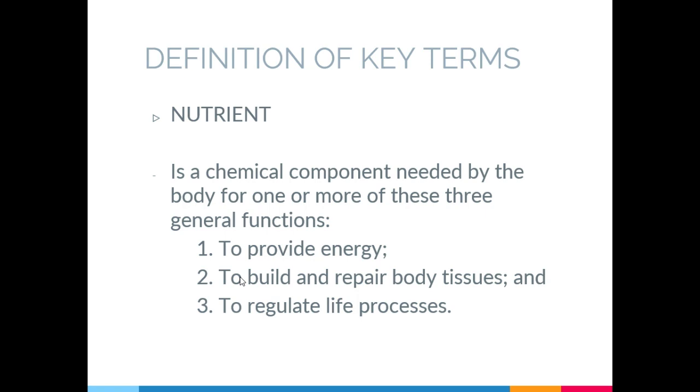What about nutrients? A nutrient is a chemical component needed by the body for one or more of these three general functions: to provide energy, to build and repair body tissues, and to regulate life processes. To provide energy is one of the main functions of our macronutrients.